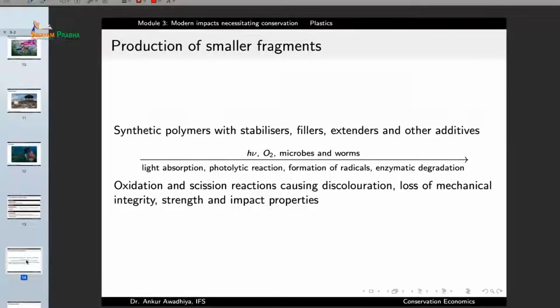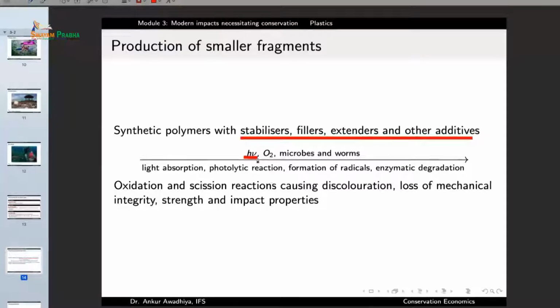So when the large sized plastics reach into the environment, they have all these stabilizers, fillers, extenders, and other additives that are together with the plastic. Now, when they reach into the environment, they are acted upon by a number of things.